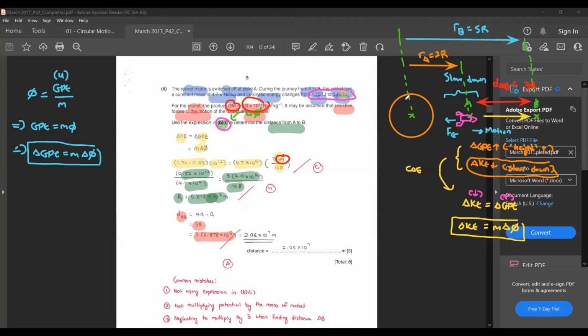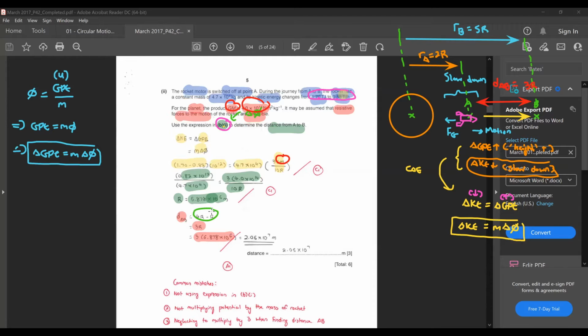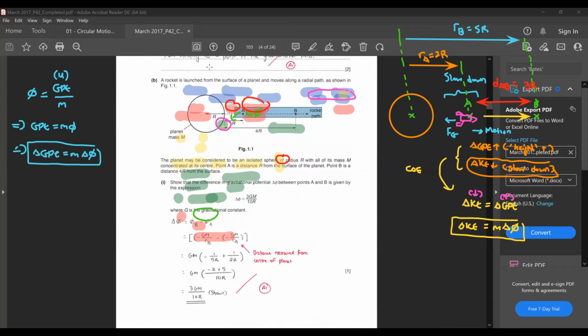Now the one that I wrote here, 4R minus R, is actually based on just looking at this thing here. It's also the same thing, you still get the same result. What I'm essentially doing was that this one was my reference point rather than the center of the planet. So distance AB would just be 4R minus R, giving me this distance.